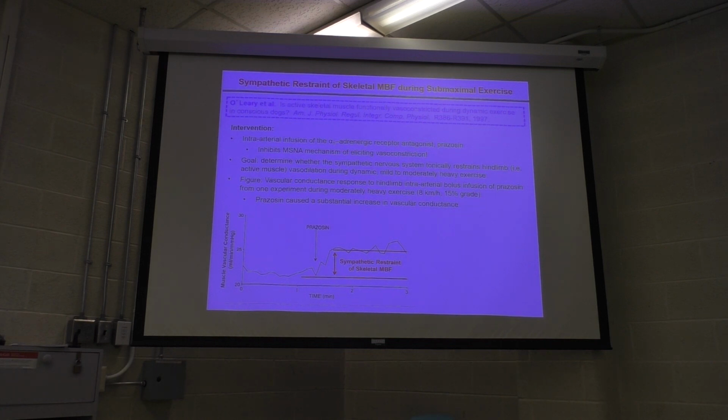But it turns out you block the receptors and you have a big increase in vascular conductance here, which means that the sympathetic nervous system was restricting blood flow into that active muscle, even though they were in moderately heavy exercise. Does that make sense? So the sympathetic nervous system is going to all vascular beds, including your active muscles. And it can restrain your blood flow.